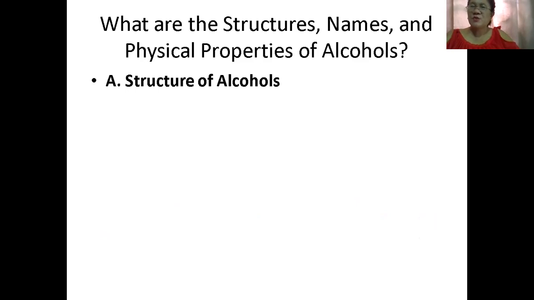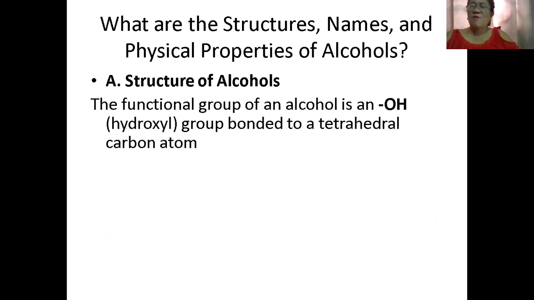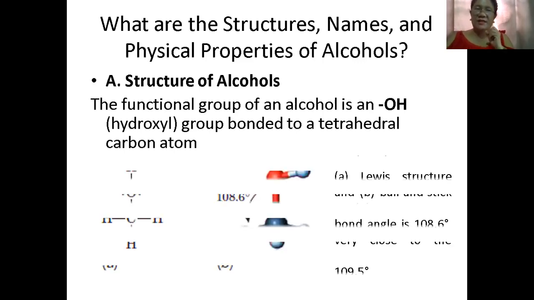So what are the structures, names, and physical properties of an alcohol? Let us start first with the structure. As I have said, the functional group found in the alcohol is R, then OH. The OH there is known as the hydroxyl group. This is bonded to the tetrahedral carbon atom.